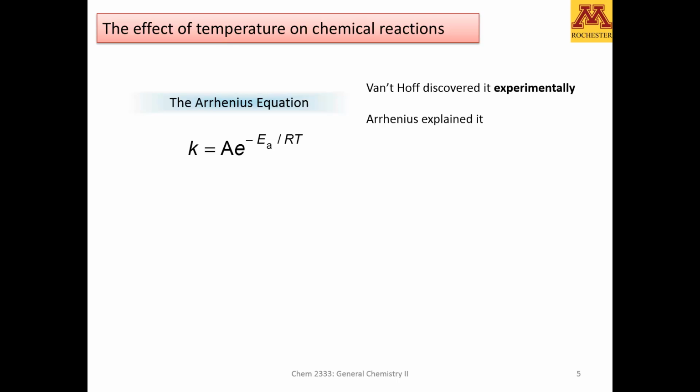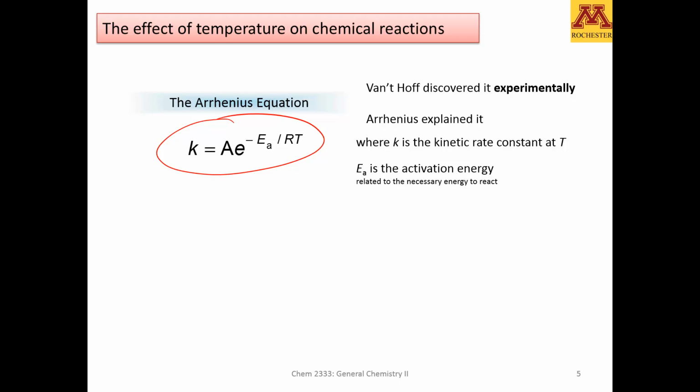So something that van 't Hoff figured out, and then Svante Arrhenius was able to explain, is an experimental observation that shows us the dependence of the kinetic constant on the temperature. I will explain one by one what each of these terms means. K is the well-known kinetic constant.